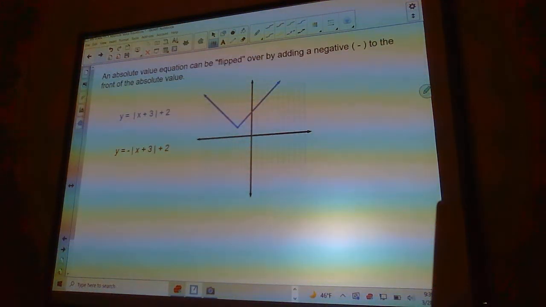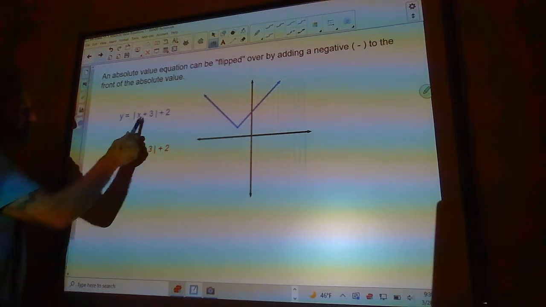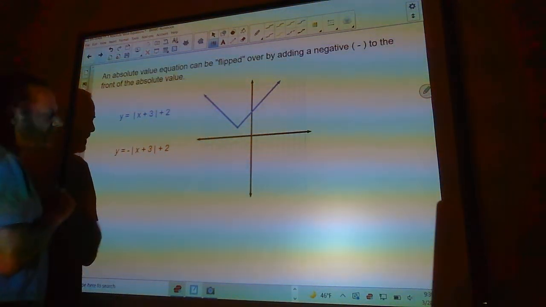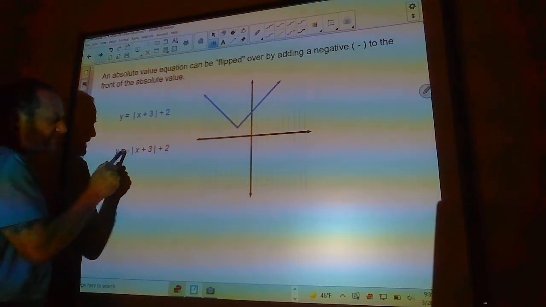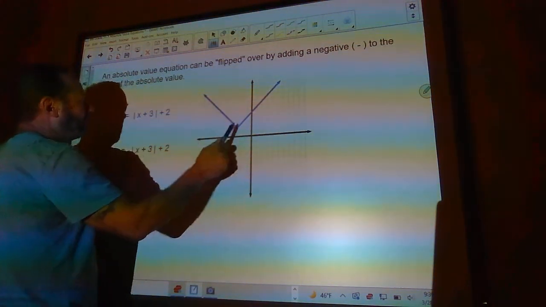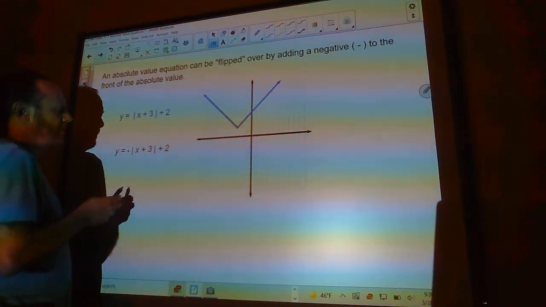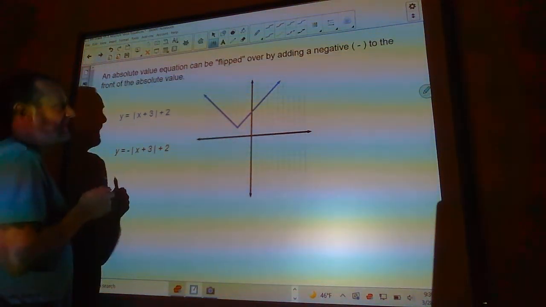Okay, now, an absolute value equation can be flipped over by adding a negative to the front of the absolute value. So notice the difference between these two equations right here. The only difference is that minus sign out there in front of the absolute value. So here's my blue equation here, the absolute value of x plus 3 plus 2. What's it going to look like if I make that negative?